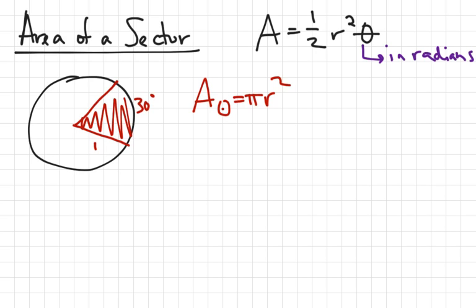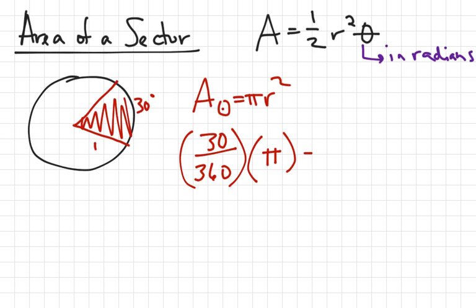But we didn't want the entire area of the circle. We wanted only a portion of it. And this was the portion of the circle we wanted. So we would take 30 over 360 and multiply it by pi times the radius squared. And you ended up finding out that it was pi over 12, or maybe you did 3.14159 divided by 12 in your calculator, and that's how you found out the area.